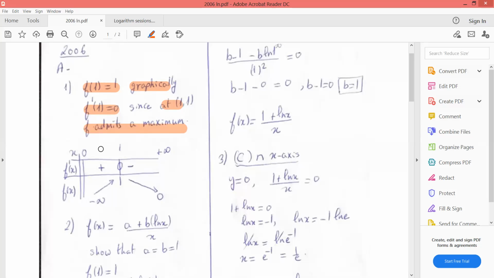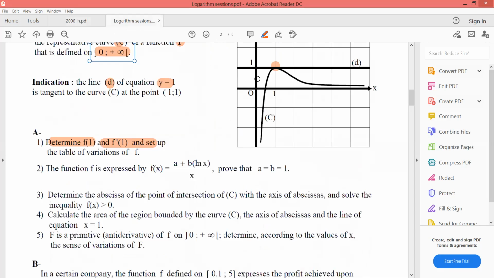The table of variations: domain 0 to plus infinity, f prime x, f x, positive then negative. At 0, how much will it be? At x equals 0 it is not defined; we get minus infinity.